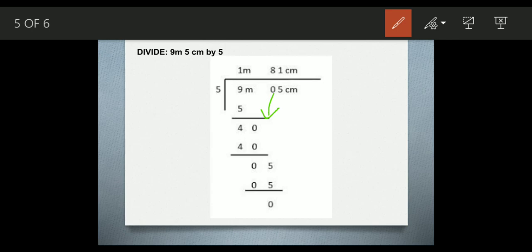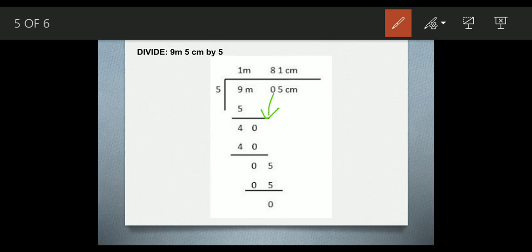Since we are shifting to the next unit, the 1 will come under meter. Hereafter the answer will come under centimeter. This is the one thing you need to be careful about. Since meter is over and we are shifting towards centimeter, whatever number you have here belongs to the meter unit. Clear? Now how many 5s are 40? 8 times, right?